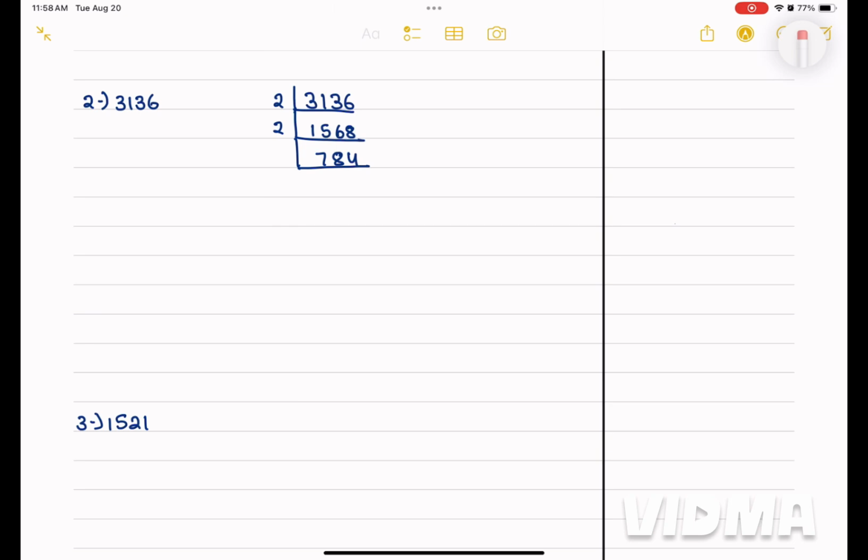Let's take 2. 2 3s are 6... Take 2 again. Make this simple and slow.